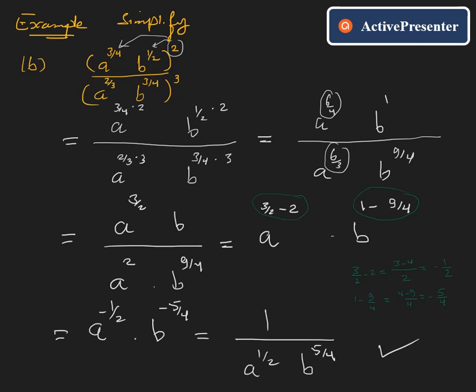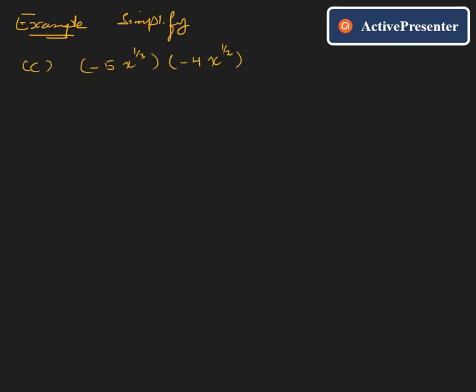Let's now take another example. This is an easy example. If you see here minus 5, you can multiply it in minus 4, and these two with similar bases, you combine them together or multiply them together. So minus 5 into minus 4 should be what? Should be 20.